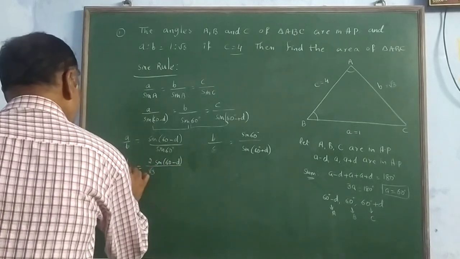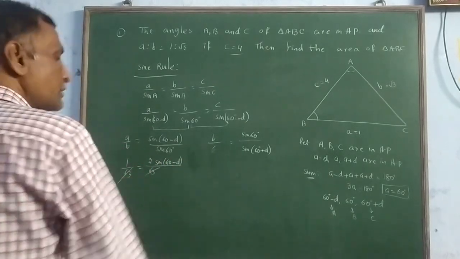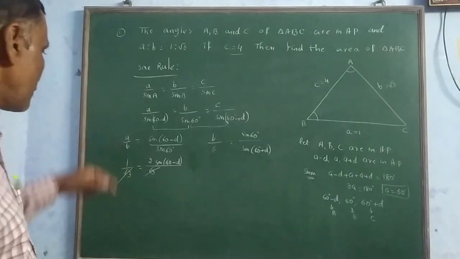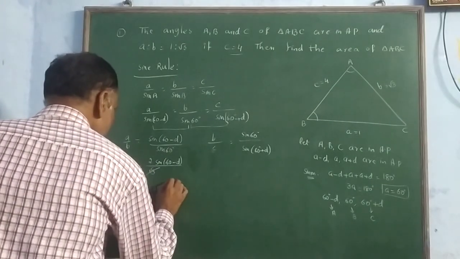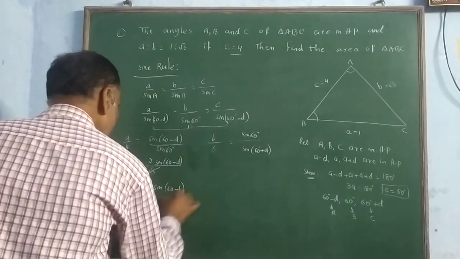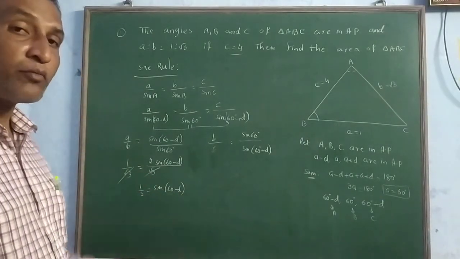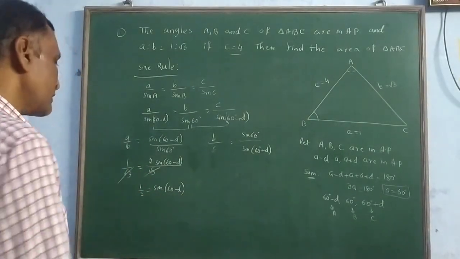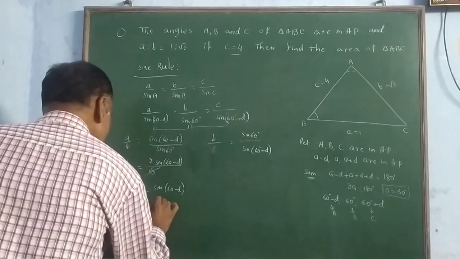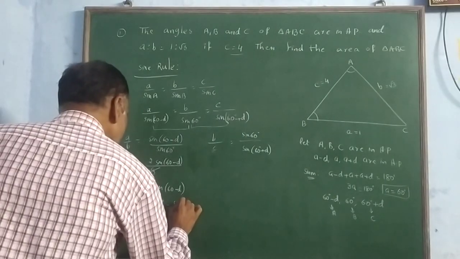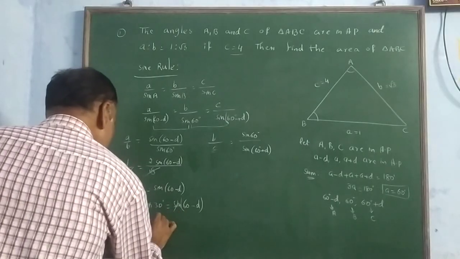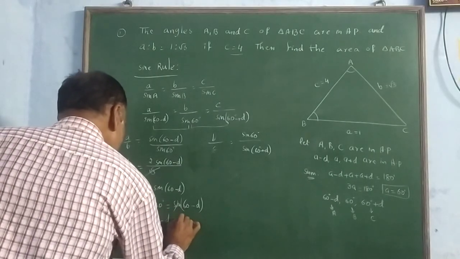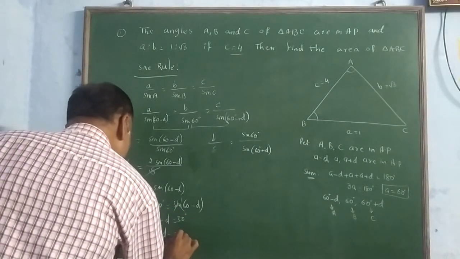equal to a by b, meaning 1 by root 3. Here root 3 is cancelled out. So 2 transposed, 1 by 2 equal to sin of 60 minus D. And 1 by 2 means sin how many degrees? 30 degrees. Sin 30 degrees equal to sin of 60 minus D. So 60 minus D equal to 30, so D equal to 30 degrees.